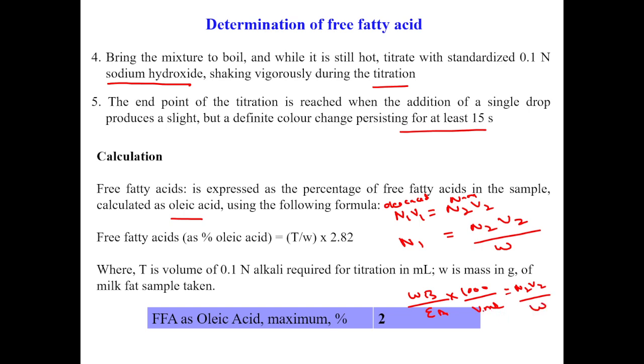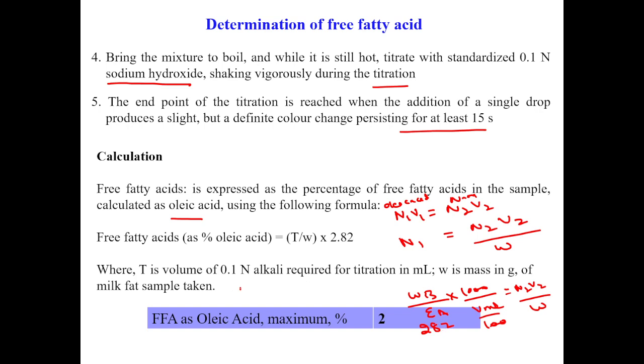Now since we have to calculate in percentage, gram per 100 gram is nothing but the percentage. So if we take V in ml, we take 100 here, so this will go, this will be 10, and the equivalent weight of oleic acid, the molecular weight of oleic acid, is 282.